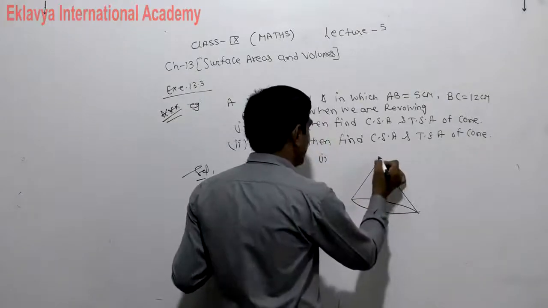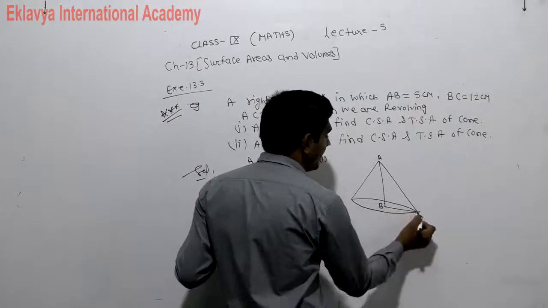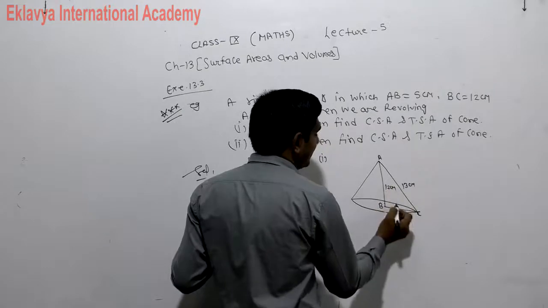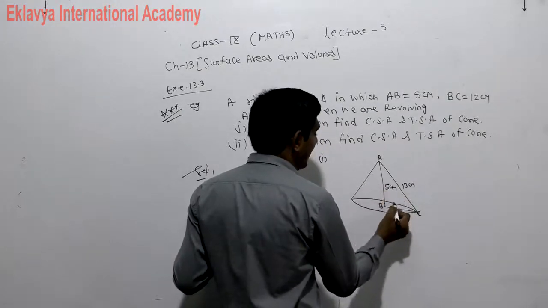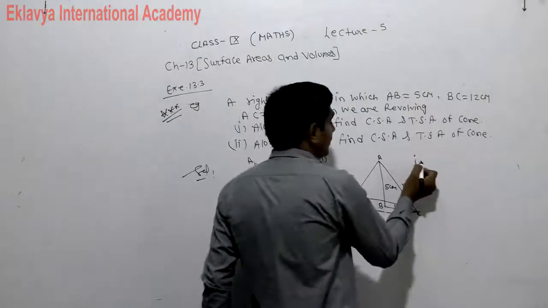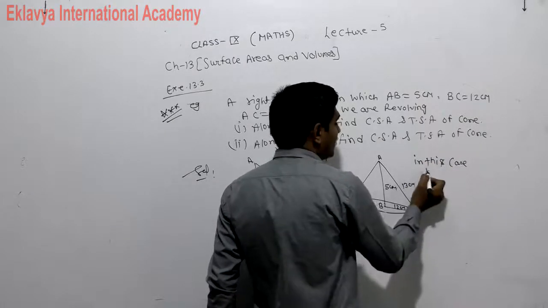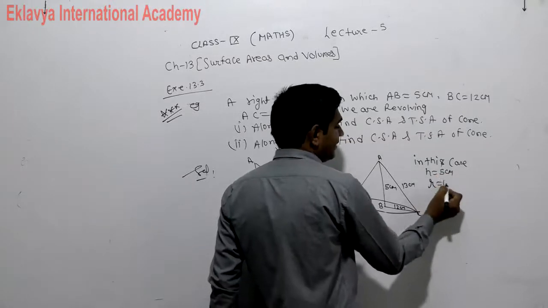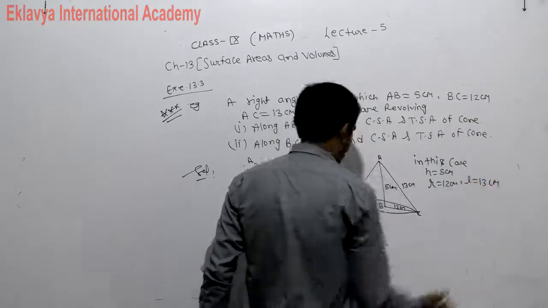That cone. Here point A, point B and point C. 13 centimeter, 5 centimeter and 12 centimeter. In this case, the height of the cone is 5 centimeter, radius is 12 centimeter, and slant height is 13 centimeter.